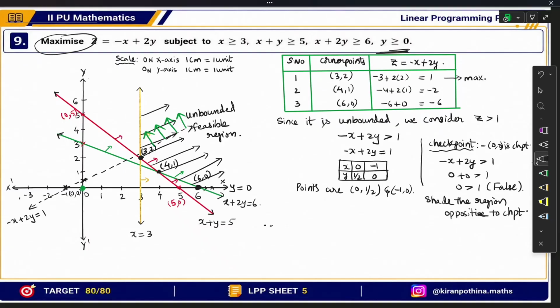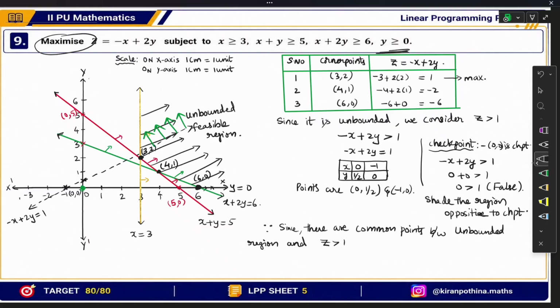So what I will write as the conclusion for this is, since there are common points between unbounded region and z greater than 1.